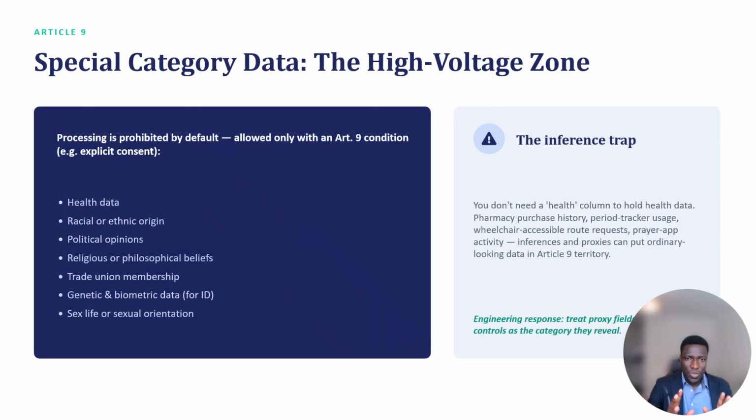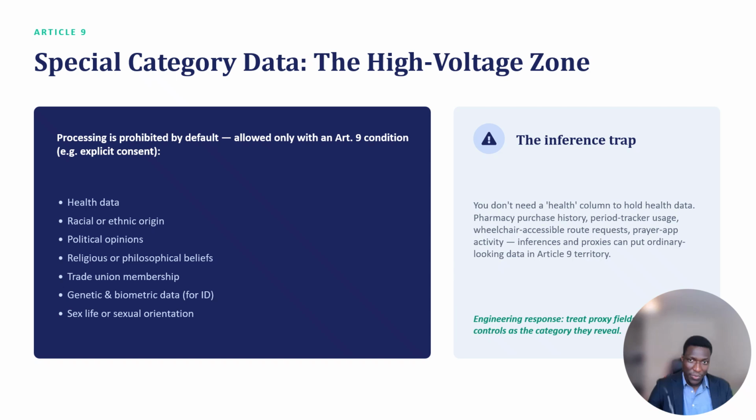Let's talk about special category data. Article 9 lists these special category data, which could be health data, ethnicity, political opinions, religious or philosophical beliefs, trade union membership, genetic and biometric data, sex life or sexual orientation data. Processing these types of data is prohibited by default.